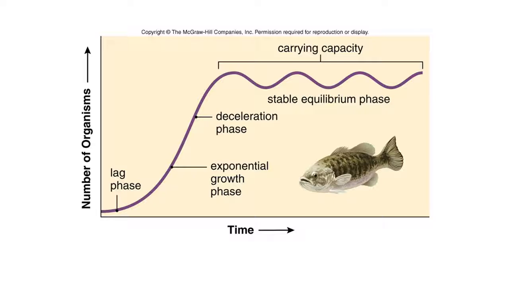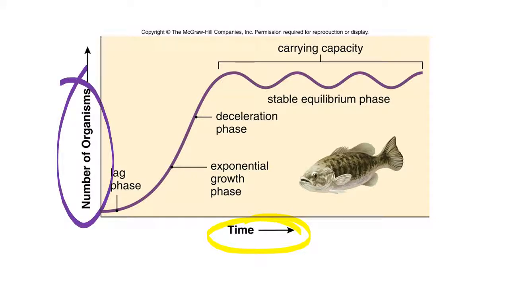Please note that the independent variable here is time, and the dependent variable is the number of organisms. So the number of organisms is going to depend on the time.